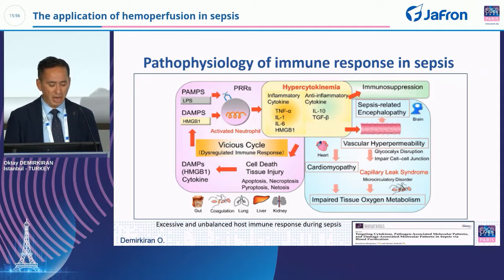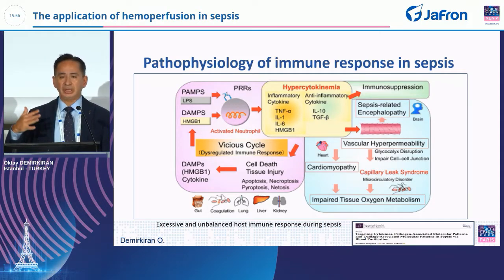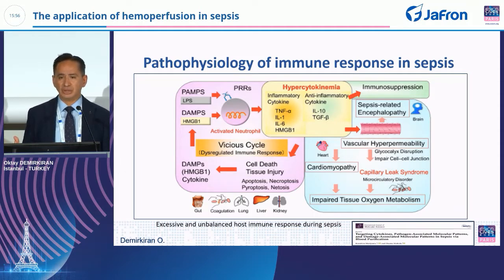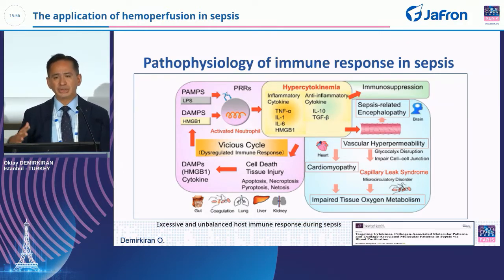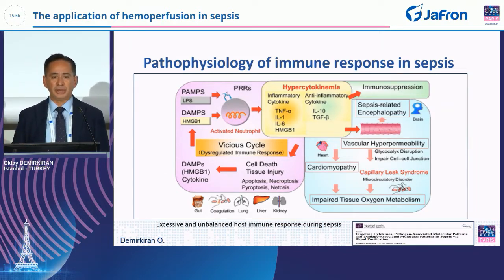The DAMPs and PAMPs activate neutrophils, and then they cause the release of cytokines, both inflammatory and anti-inflammatory. If it's excessive, it's called a cytokine storm, and it causes immune suppression and also organ-related dysfunctions, like in the brain, sepsis-induced encephalopathy.